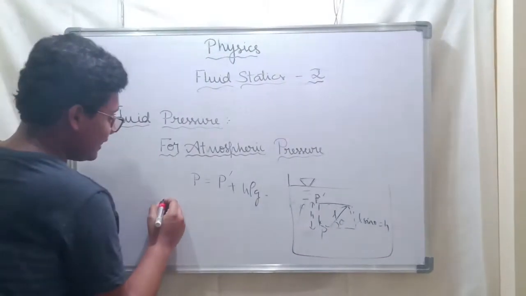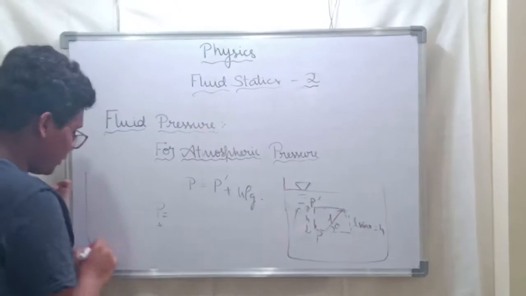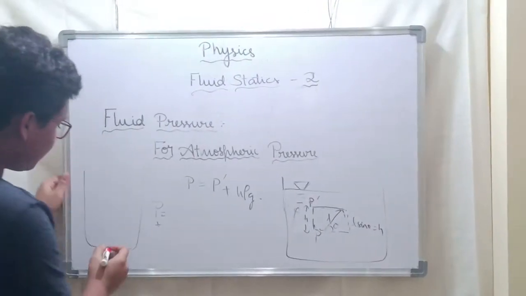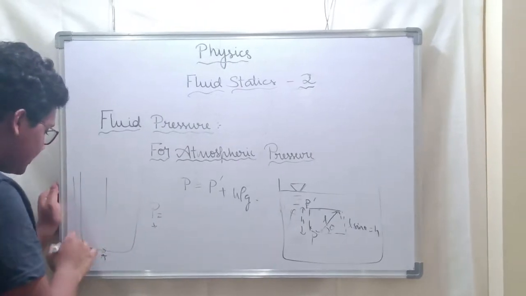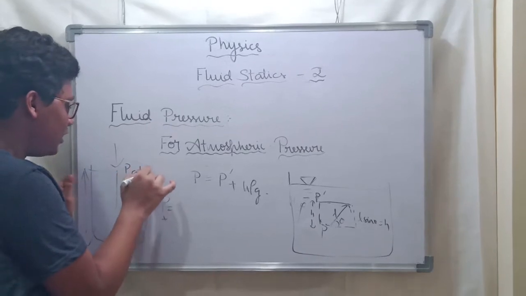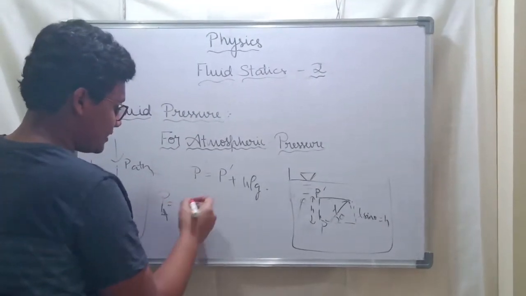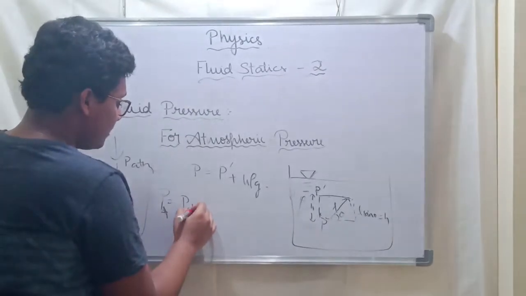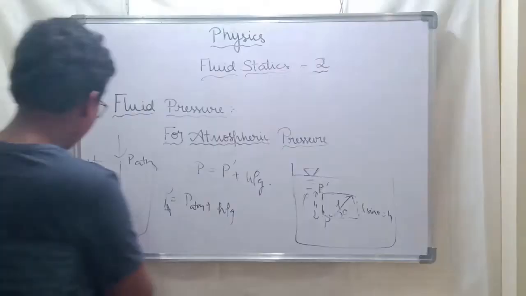Similarly we will get the pressure at any point A. In the earlier case, we needed the pressure at point A. So this is h, and P_atm is acting here. So the net pressure at point A is equal to P_atm plus h rho g, where this is of height h.